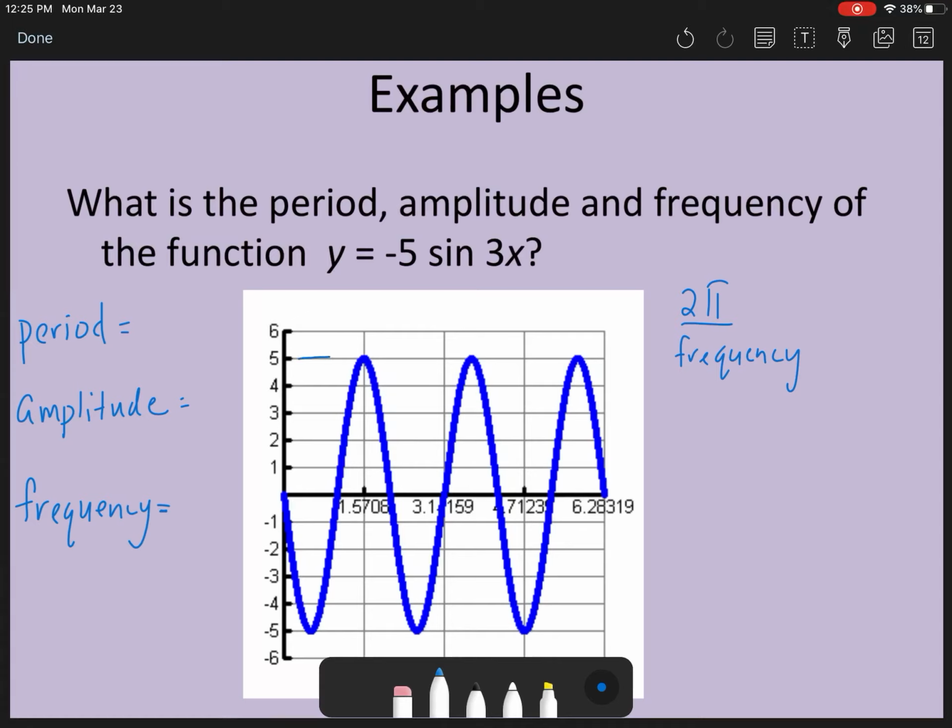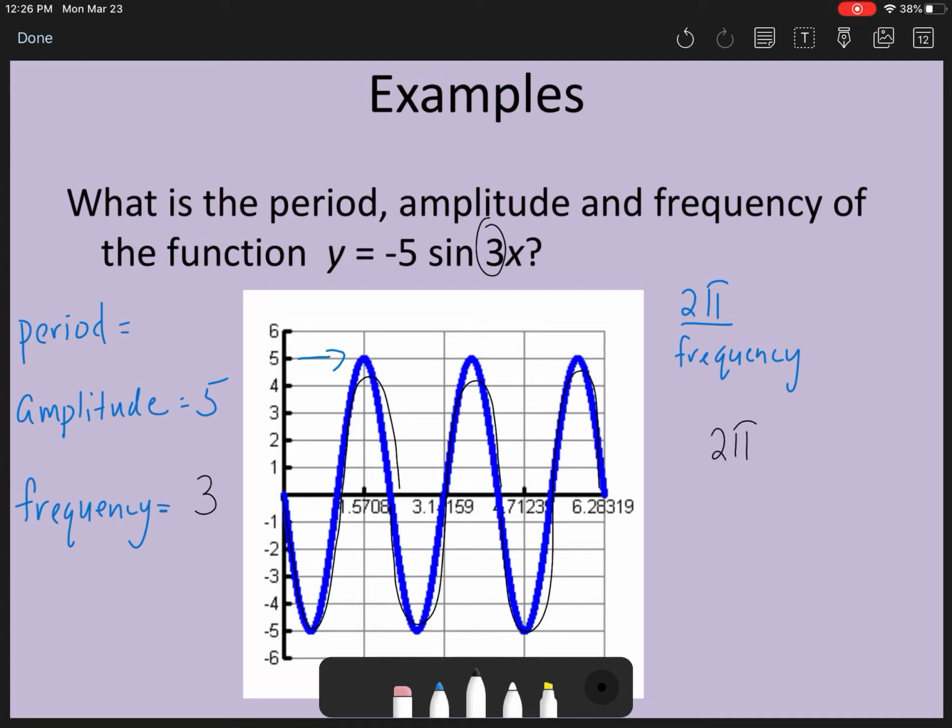Let's pull out the amplitude and the frequency first. So the amplitude is 5. That's how high we go on the graph. And the frequency, again, is how many full curves we have from 0 to 2 pi. We got 1, 2, and 3. Again, notice that's what we have up here, okay?